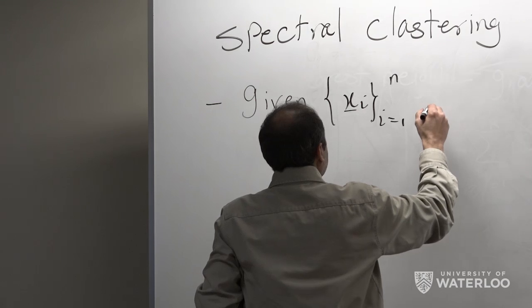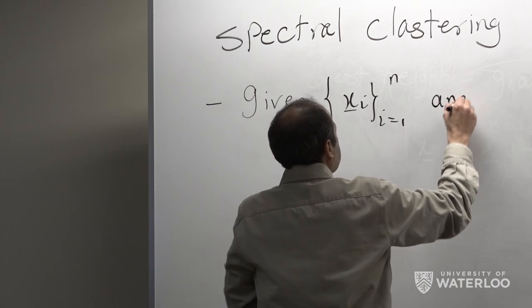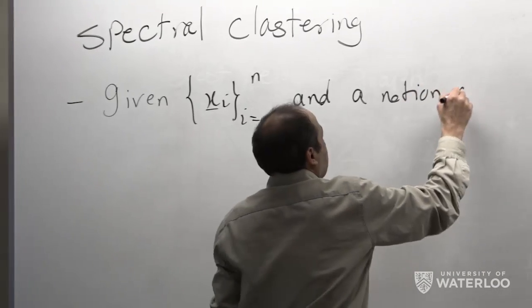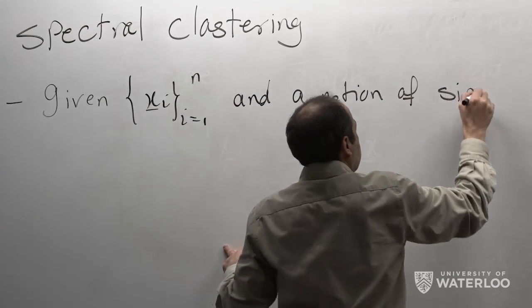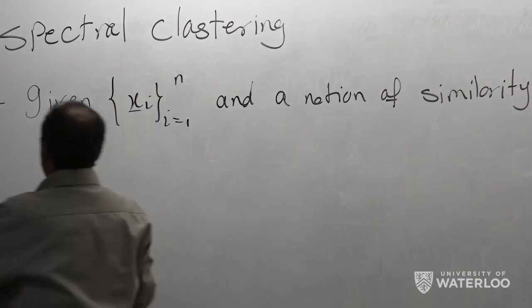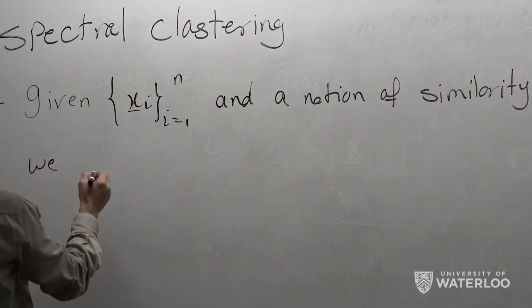So given n data points and a notion of similarity, we construct a graph.